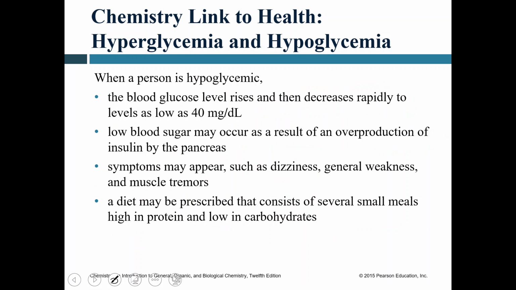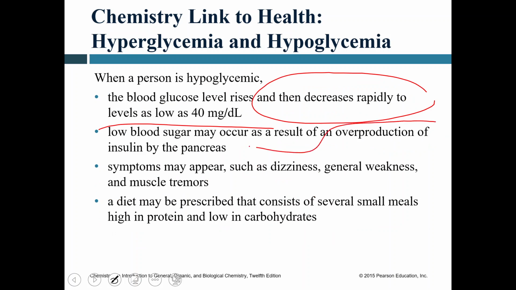In hypoglycemia, the blood glucose level rises and then rapidly decreases to very low levels, as low as 40 milligrams per deciliter, or half of normal. Low blood sugar may result from excessive production of insulin by the pancreas, and the symptoms of overproduction of insulin may include dizziness, general weakness, and muscle tremors or cramps.